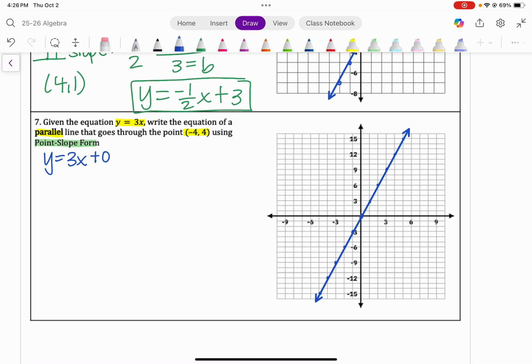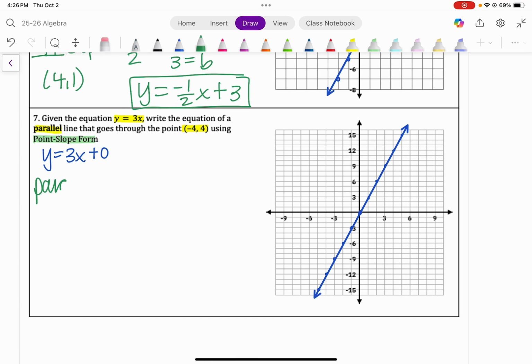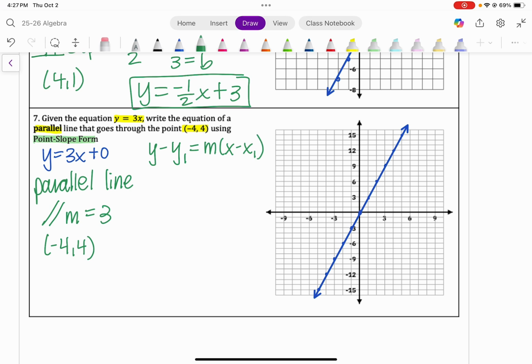Okay, now I'm going to make a parallel line. So my slope is going to be 3. And we're using point slope form, going through negative 4, 4. So I'll use my formula: y minus y1 equals m times x minus x1. So y minus 4 equals my slope, which is 3, times x minus, and that negative 4 turns into plus 4 when it gets subtracted.